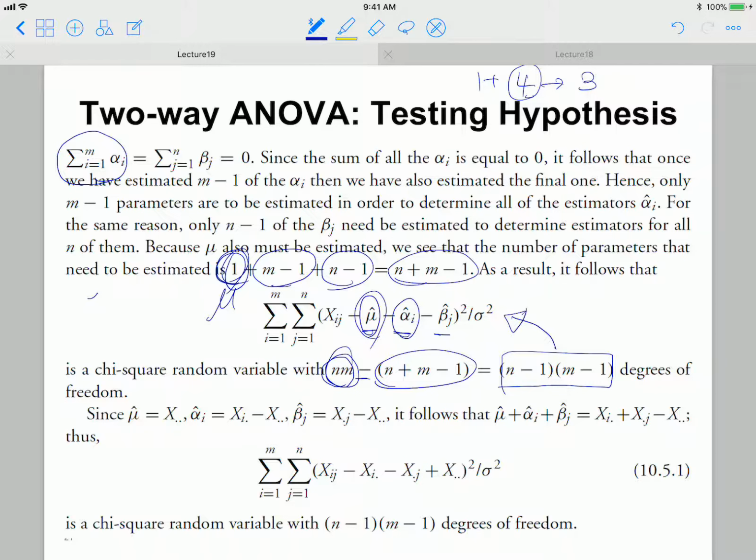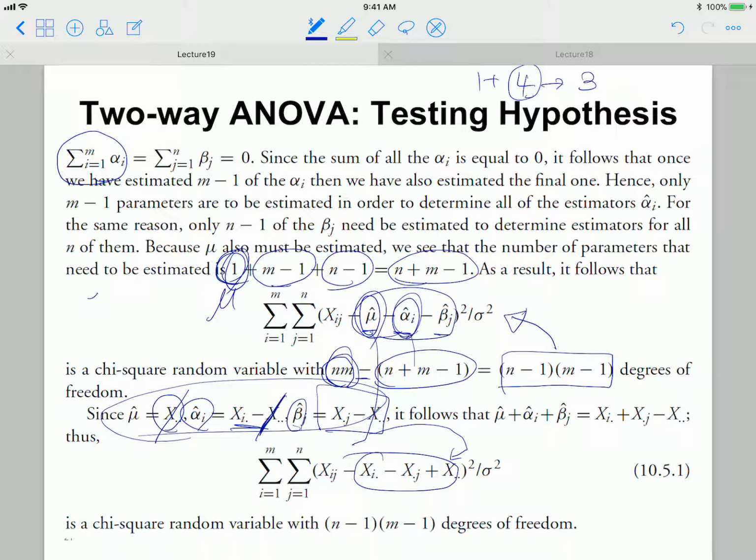Okay, and then what was mu hat? It's corresponding to this guy, x dot dot. So mu hat was this, and this guy was this, and this guy was this, right? And so if we sum them up, one of them is cancelled out, and so summing up all together, this representation is actually the same as this representation.